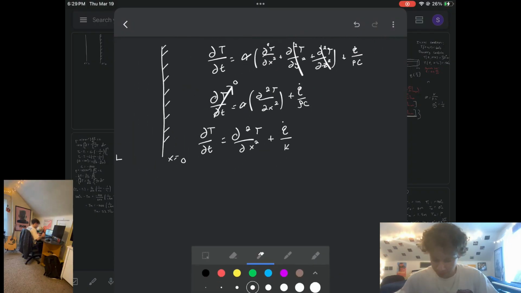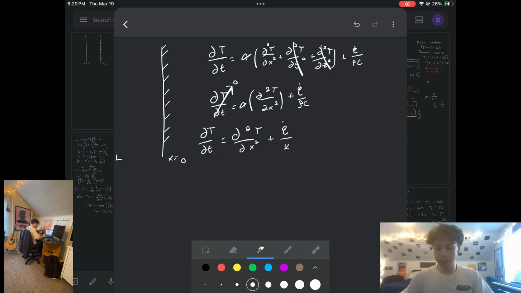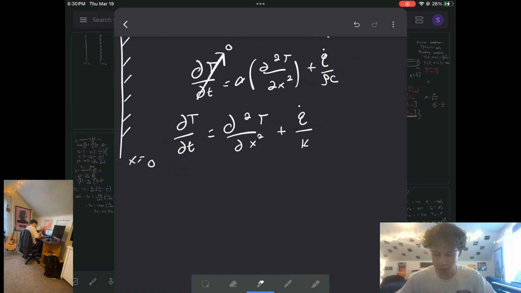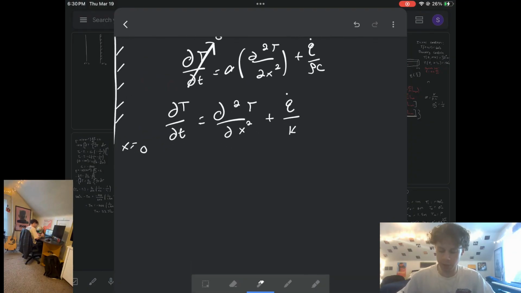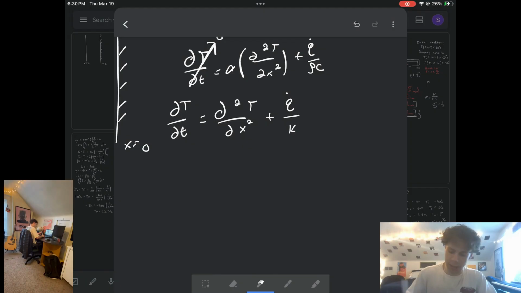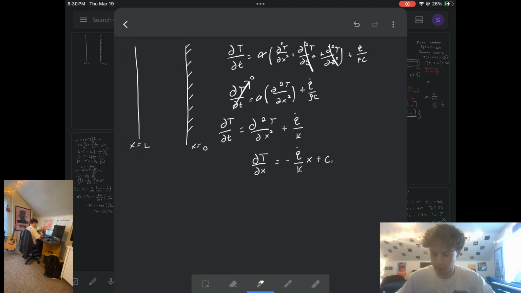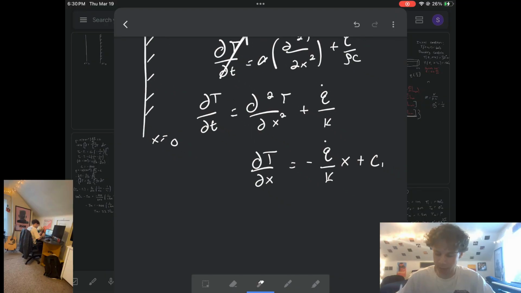So we'll need to integrate this equation twice because we are at a second derivative in order to get our temperature profile. So with the first integration, we'll get change in temperature with respect to position is equal to our negative heat generation divided by our thermal conductivity times x plus our C1.